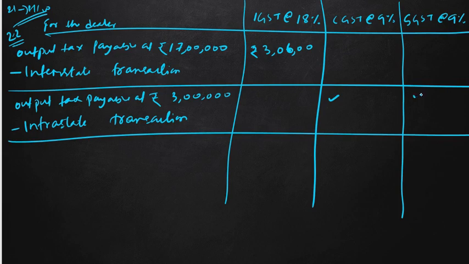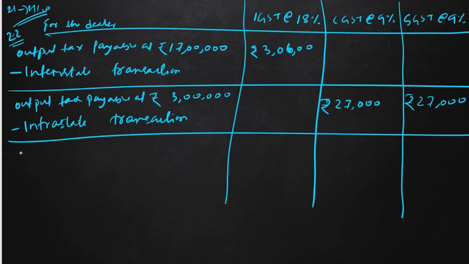In an intra-state transaction we have only CGST and SGST. So CGST is 9%, so 9% of 3 lakh. 9 into 3 is 27, so this will be 27,000. As SGST is also 9%, the tax amount will be the same, that means it will also be 27,000.